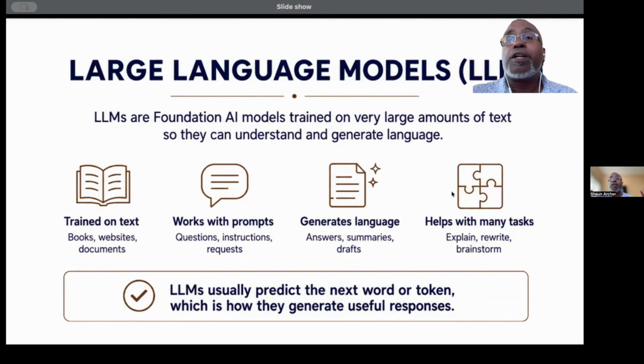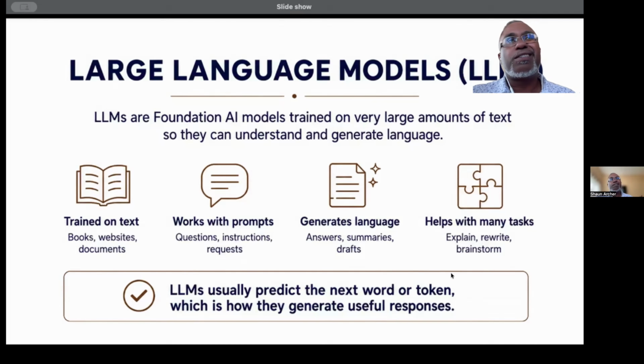Now, there's one other term I want to touch on before we leave this slide. The term is token. So I said that these LLMs, large language models, generate responses based on what they think probably will come next based on what you've said and what's in the foundation. They don't generate it as words, though. They generate it as what are called tokens.